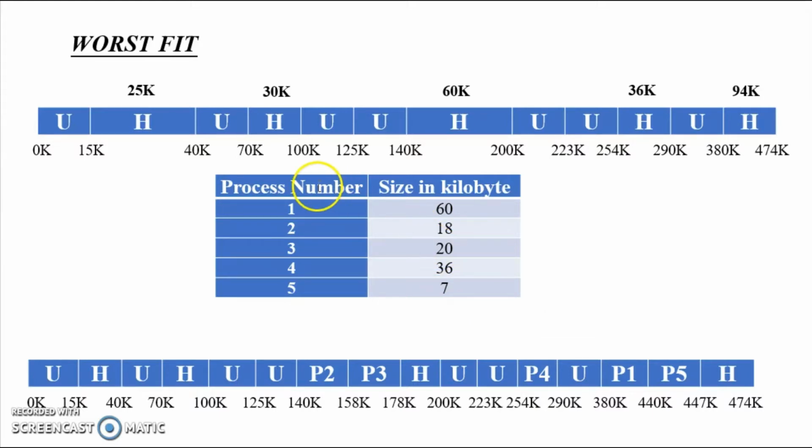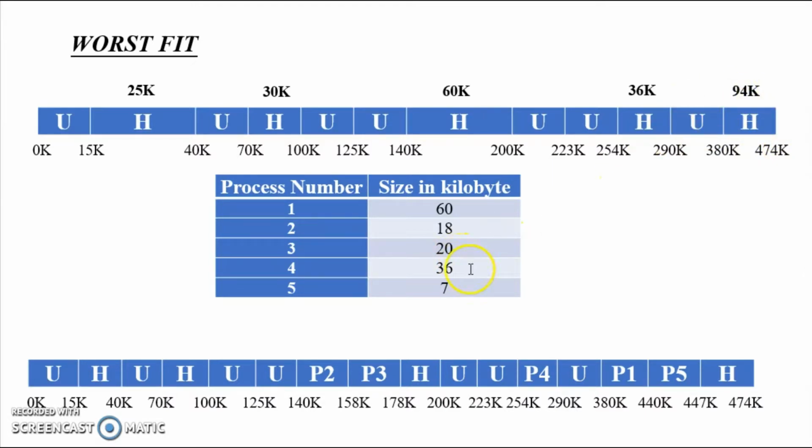So we start again from the first one, 25, 30, and after being cut off by process number 3, just 22 kilobytes are left at the third hole, and the fourth hole 36, and the last hole 34.